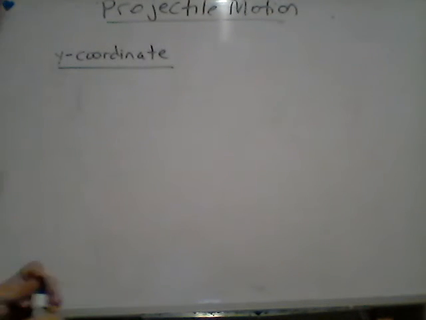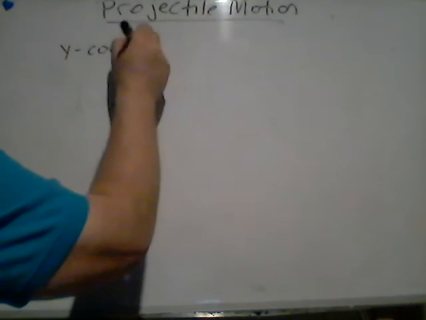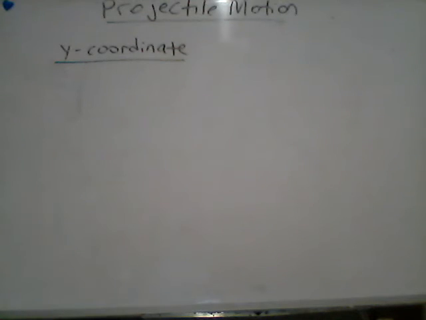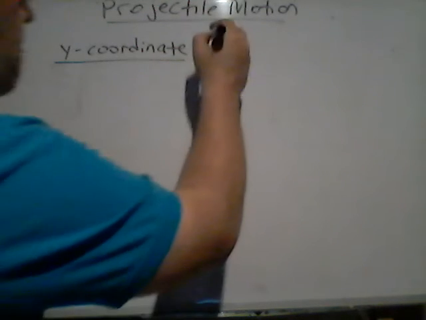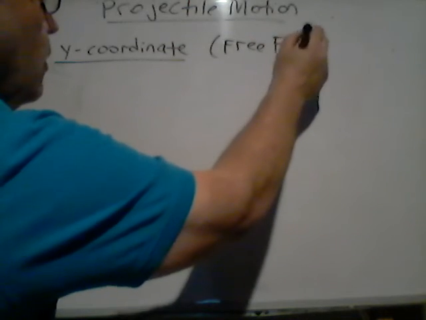Remember, the y coordinate is going to experience free fall. So this is a one-dimensional problem, just like we talked about in chapter 2. We just literally write down the free fall equation.